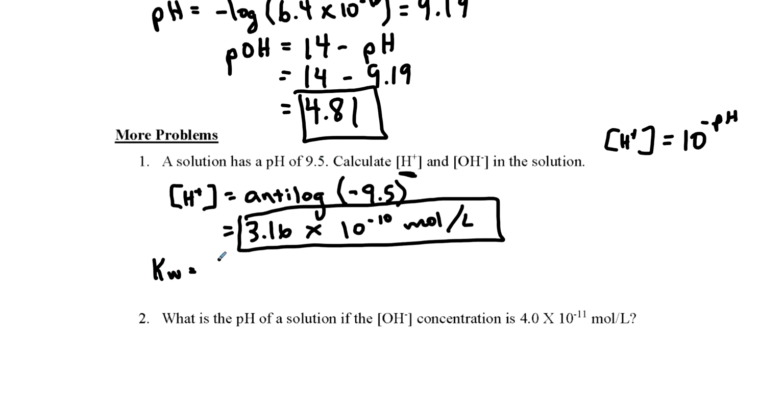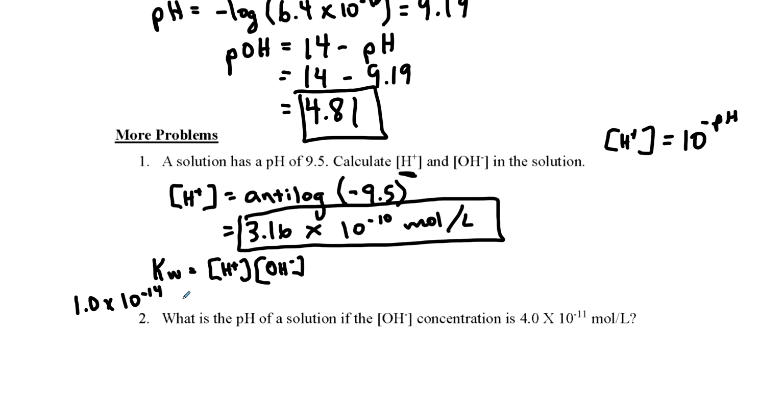Because Kw is H plus concentration times OH minus concentration. And we know that Kw value is always 1 times 10 to the negative 14, unless we're told otherwise. We just assume we're at roughly room temperature, which is around 25 degrees Celsius.